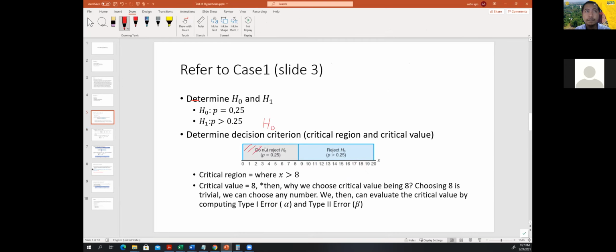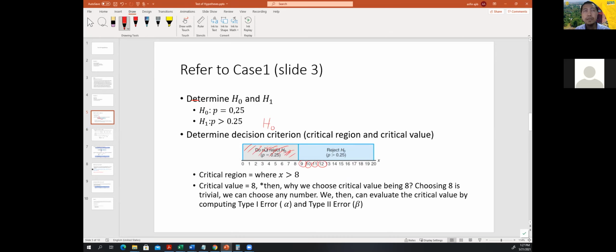This is the area. Any value greater than 8 will be considered as error. Of course, we are expecting the observation in this region, and any value that comes up greater than 8 will be considered as error.